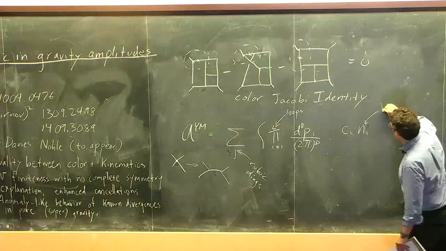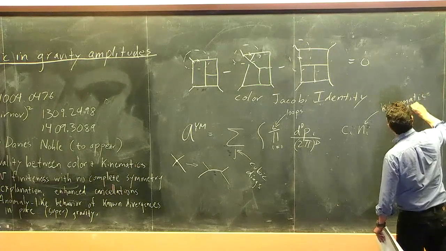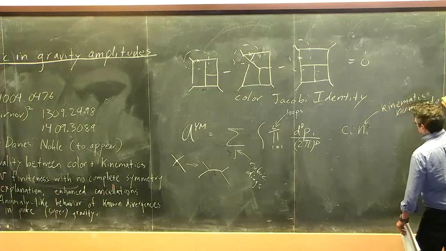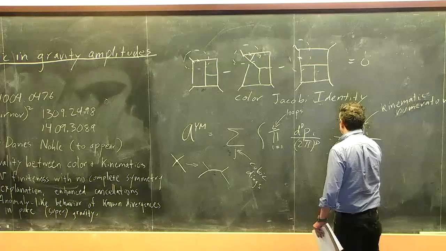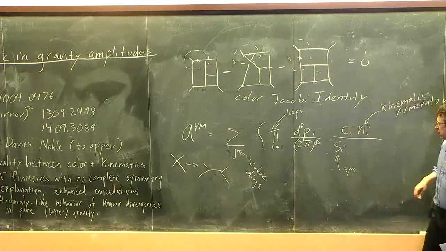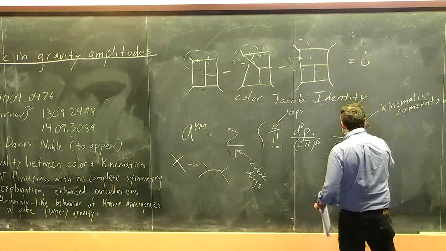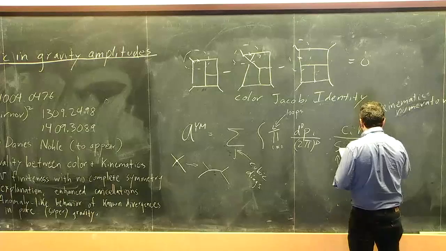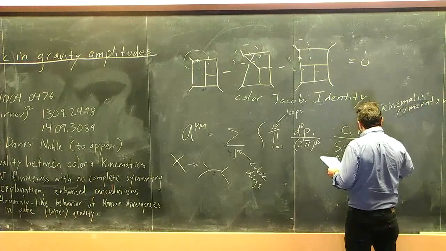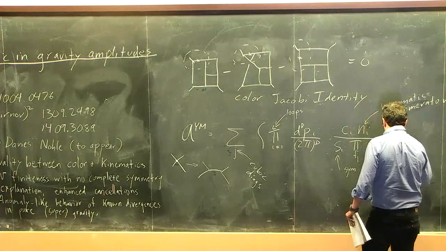So this is the kinematic part, or kinematic numerator, let's call it. Okay, and then maybe you need some symmetry factor. So this could be a 1/2 or 1/4. And then let's put in the Feynman propagators. So this is for diagram J. So these are just Feynman propagators.